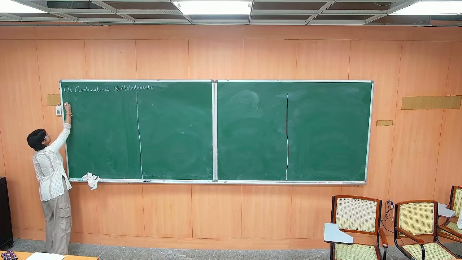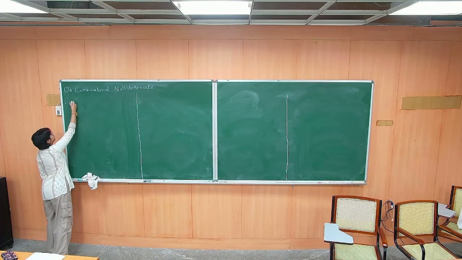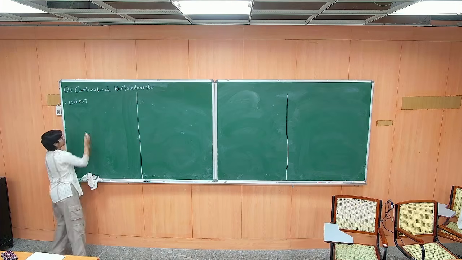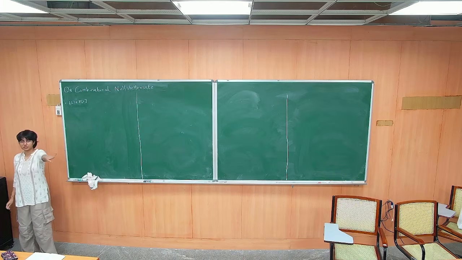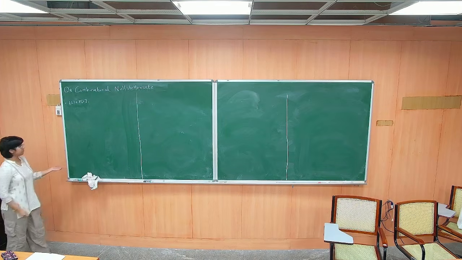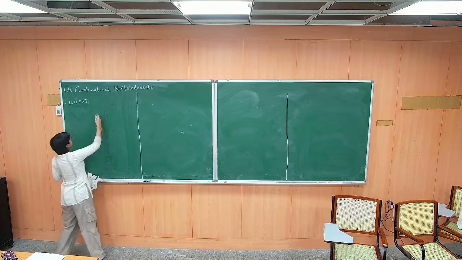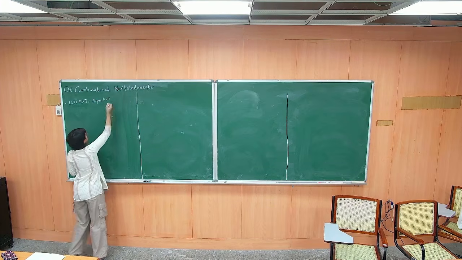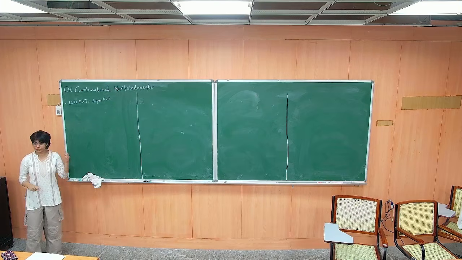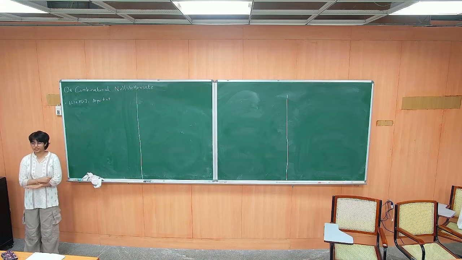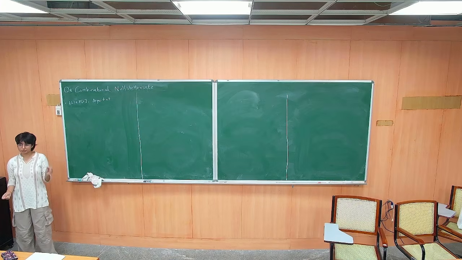So if I have a univariate polynomial, is my handwriting visible at the end? Okay. And this univariate polynomial has degree, say, t. Then if this univariate polynomial is non-zero, and I evaluate this polynomial at any t plus 1 points, it will be non-zero at least one of the points.